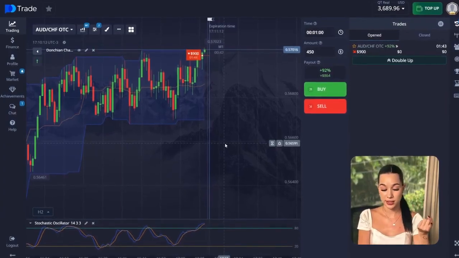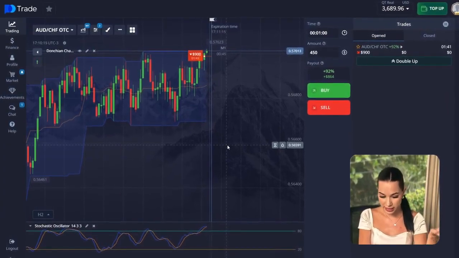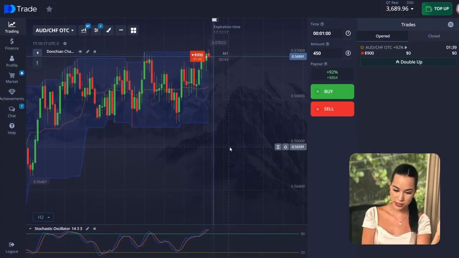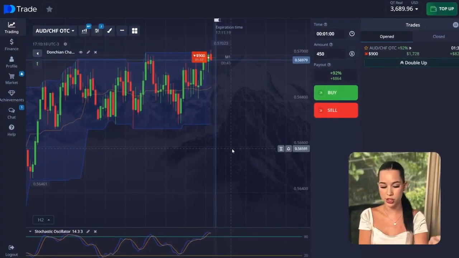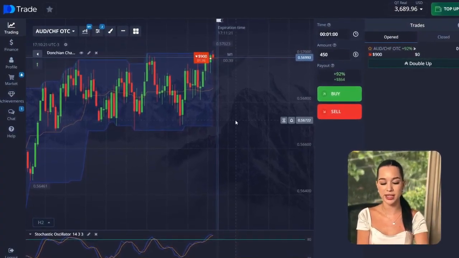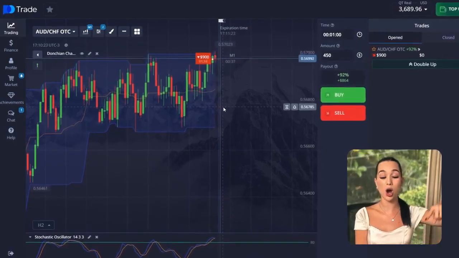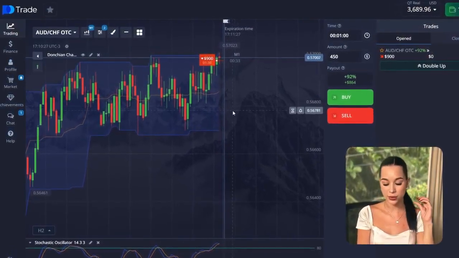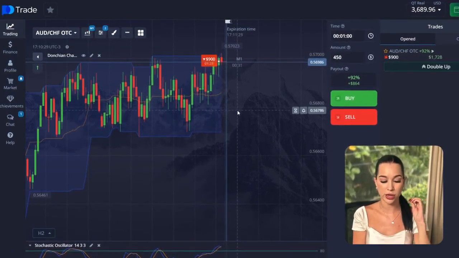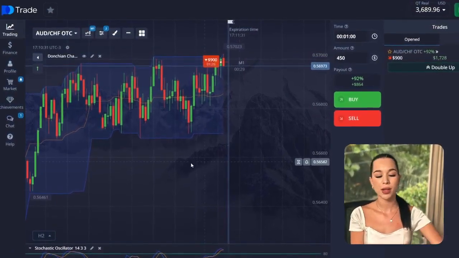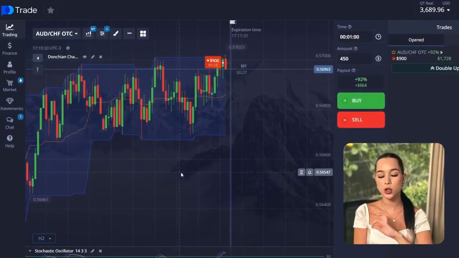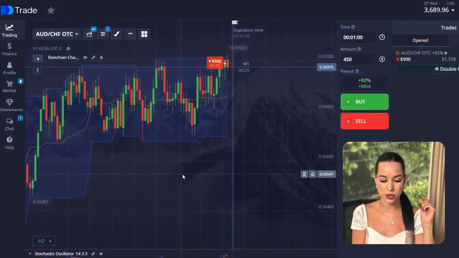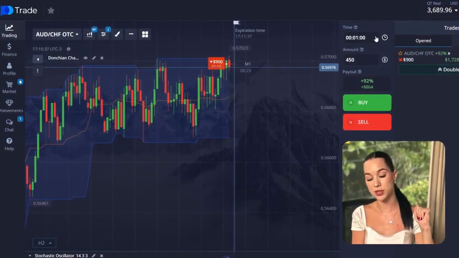You will say, Lisa, it's almost the same situation, but in that trade you opened a trade up and here you open a trade down. Why? Because we can see that the previous candle is green, but the one before that is red. And it shows us that really soon there could be a reversal here. Of course, it could still be risky. It still could close not in the plus as well. That's why you need to use a money management system, guys.